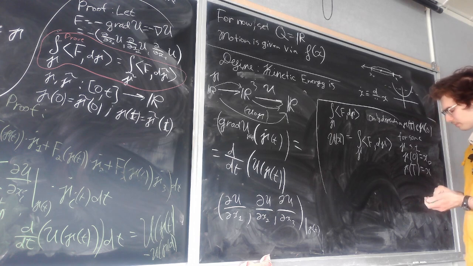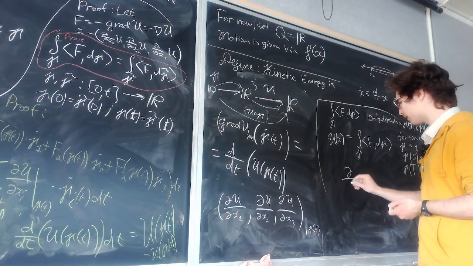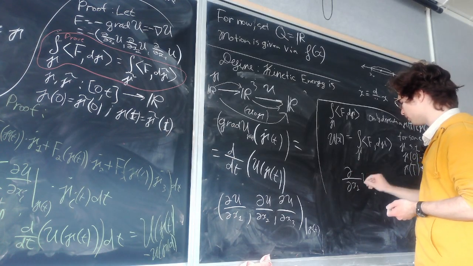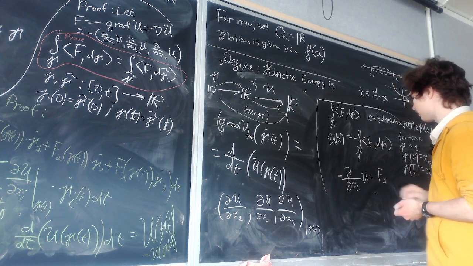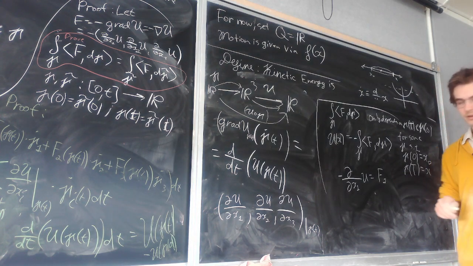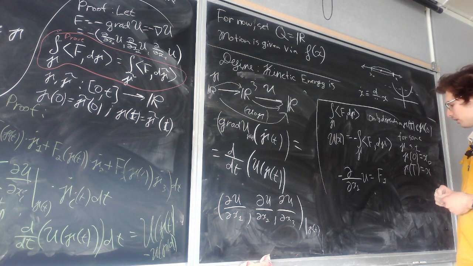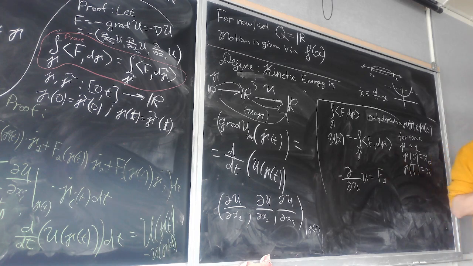So what I can do, let's do this. Let's show that ∂u/∂x1 has to equal f1, right? How do we do this? Well, let's choose a particular kind of path.